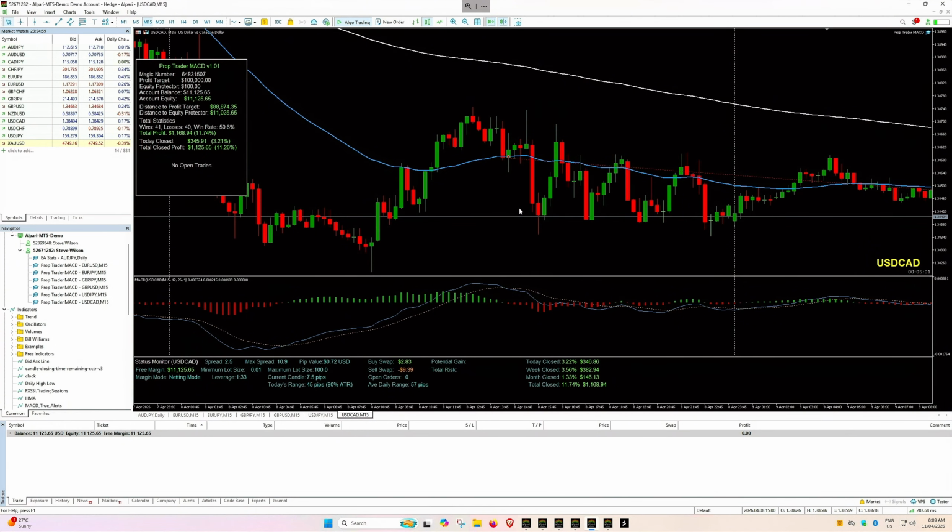Okay, so we do have a valid entry on this one. We can see here that there was a crossover on the MACD, which triggered the entry, and the filters are the moving averages. So the 200 moving average is above, the 50 is below the 200, which is correct, and we entered at the crossover on the MACD. So this was a valid entry.